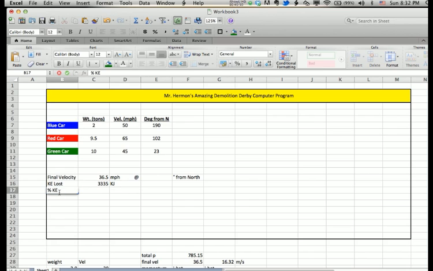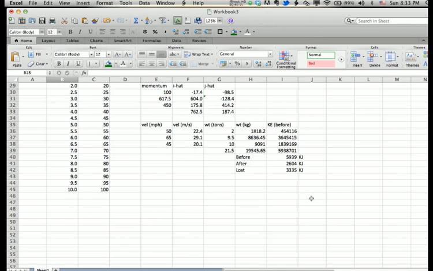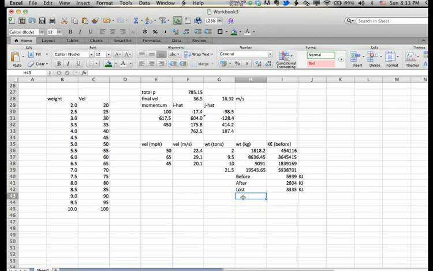Percent KE lost. And if I want to find percent KE lost, really I don't want to do any calculations up in my interface. I want to do it all down here, and then in the interface basically drop down and find your answers. So this one would equal this divided by the energy I had before.